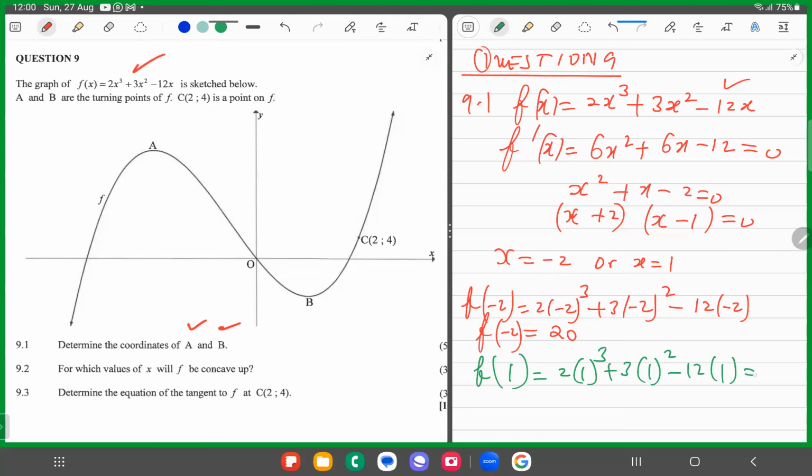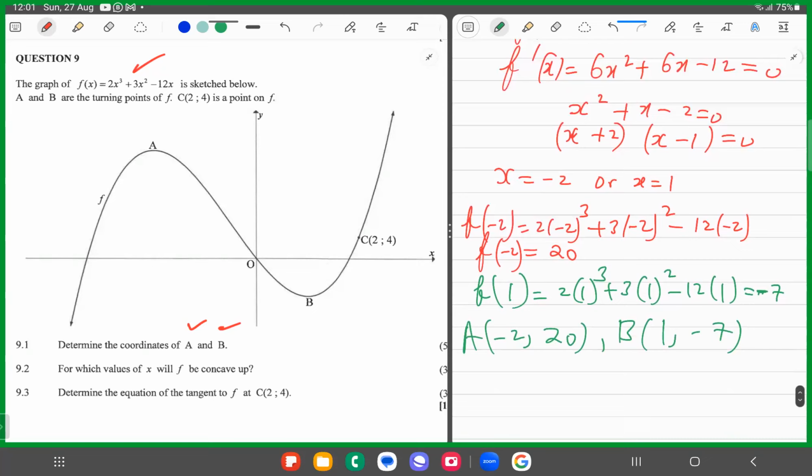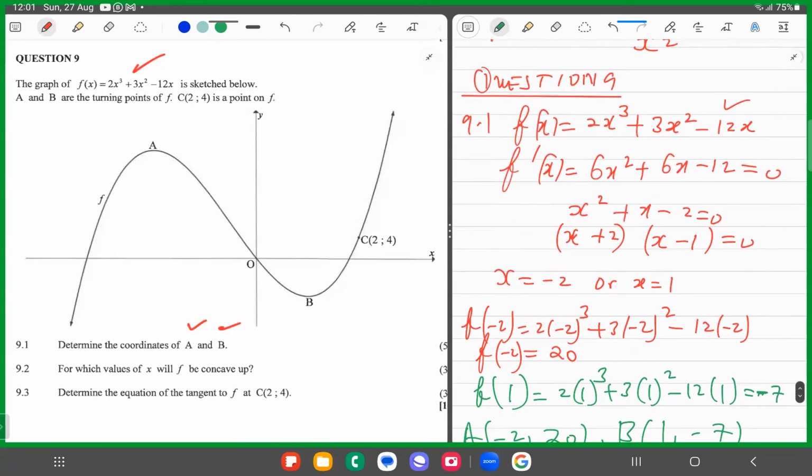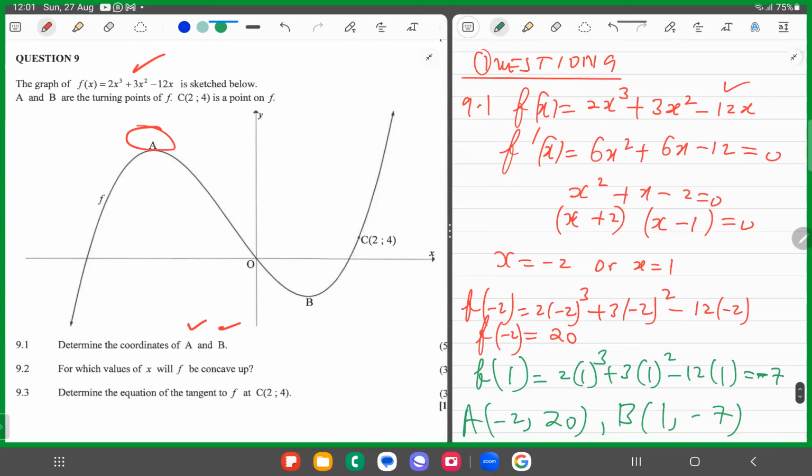The answer is minus 7. So which means that A has coordinates x is minus 2 and y is 20. And then B will have coordinates x is 1 and y is minus 7. All right. So those would be the coordinates of A and B as required there. Those are the turning points.